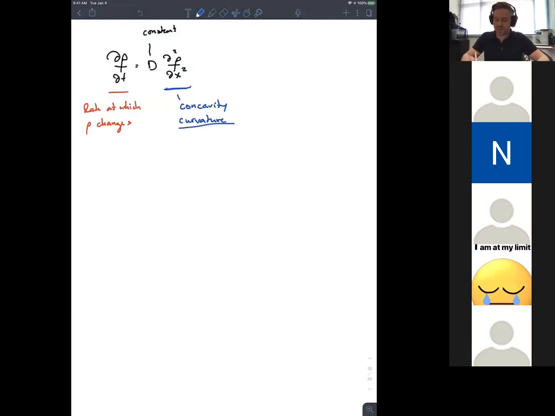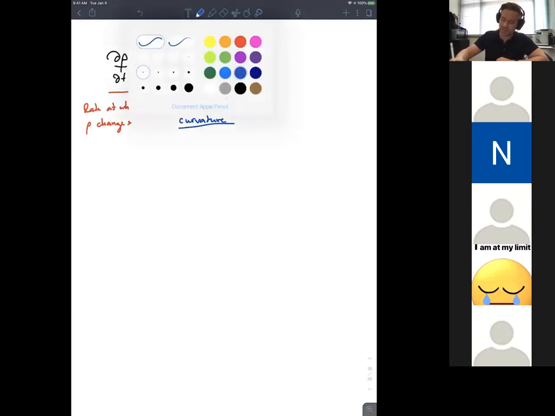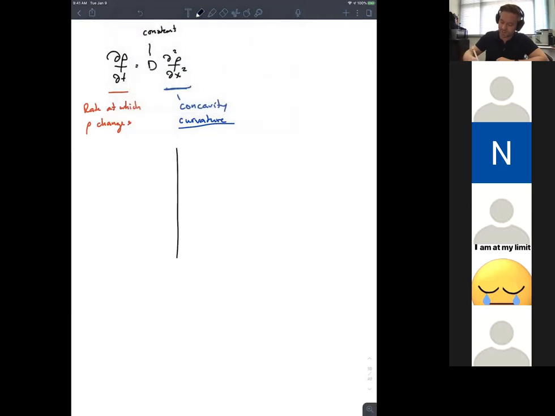All right, so in other words, the rate at which the concentration gradient changes is proportional to the curvature. The higher the curvature, the faster it's going to change. If I draw what my concentration looks like as a function of position, something which has really high curvature is going to be very sharply peaked, right?